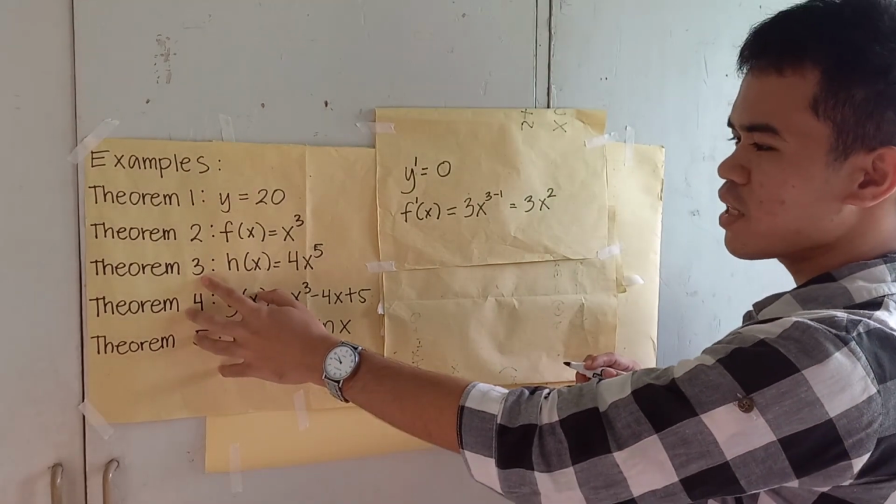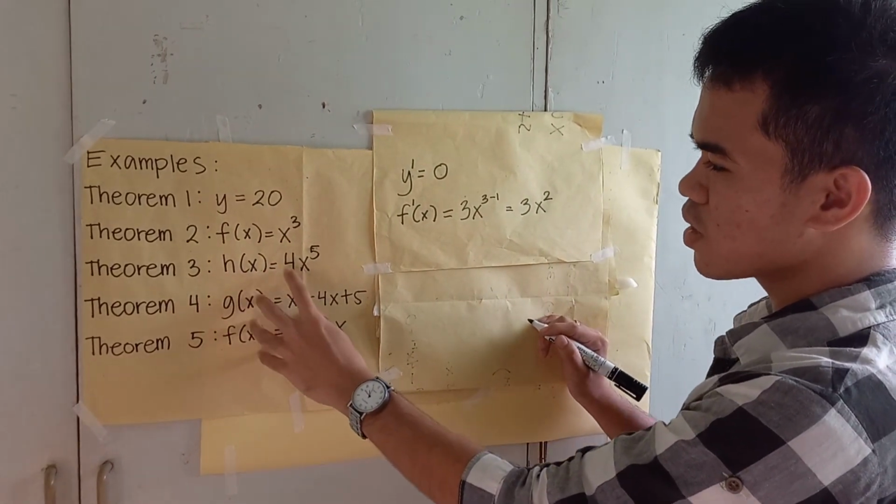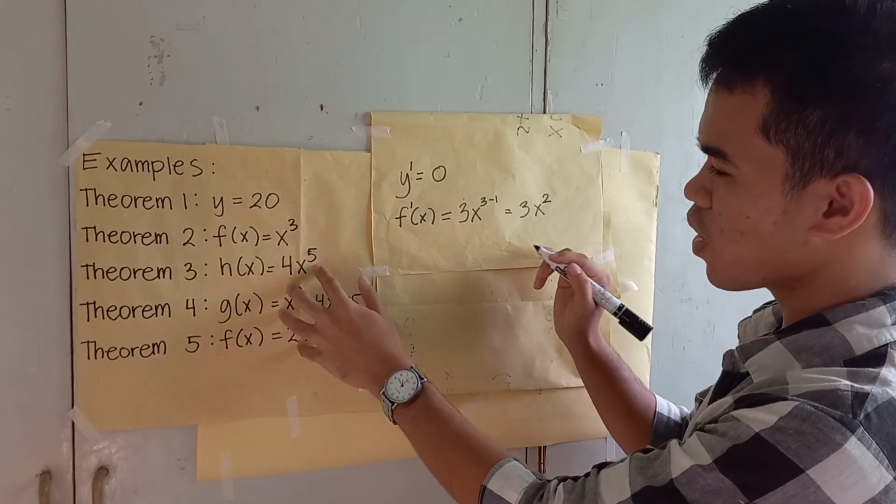For theorem 3, the constant multiple rule, h of x equals 4x raised to the power of 5.